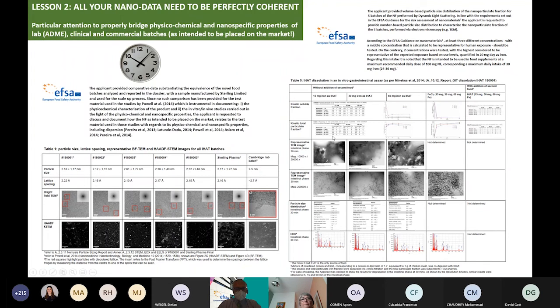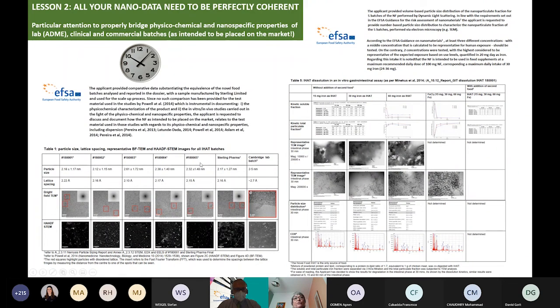So this additional requirement was a thorough characterization of the physicochemical characteristics of the novel food through all the batches that were used in time into the application, which means the so-called Cambridge lab batch that was initially transferred to a GMP CMO that was Sterling.